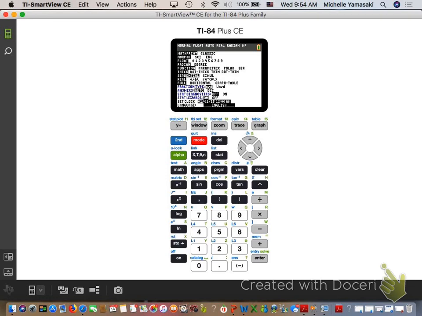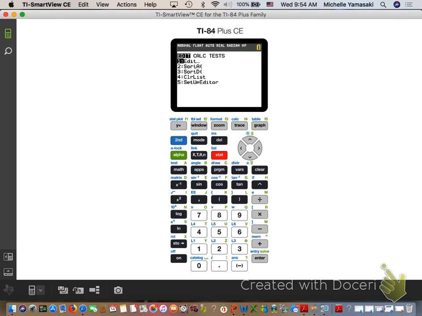Now you're going to arrow down to stat diagnostics, not stat wizards, and turn it on. Arrow over to on, and then hit enter.